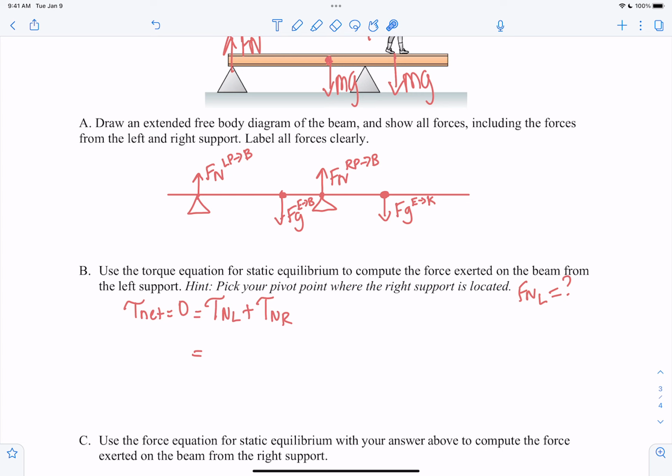Choice of pivot is really important with regards to torque, and it really depends on what information you have access to, what information you're figuring out, right? So if we want to figure out what the left support torque is, and then from that figure out the force exerted by the left support, then we want to use information that we have access to, right?